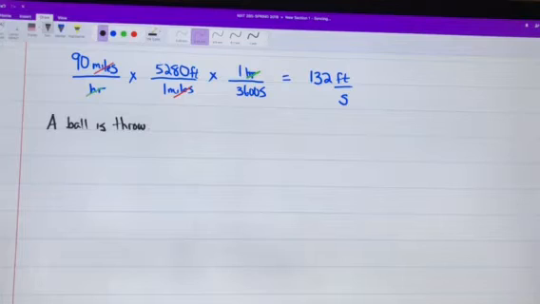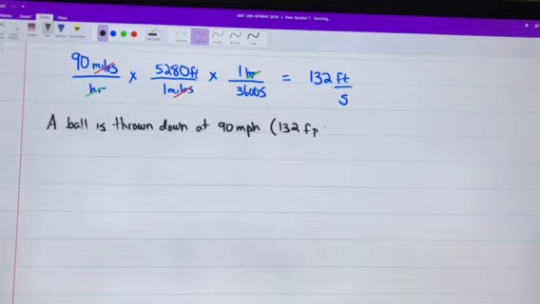So you have the ball thrown down at 90 miles per hour, or in this case, 132 feet per second, from the same 1,000 foot tower.